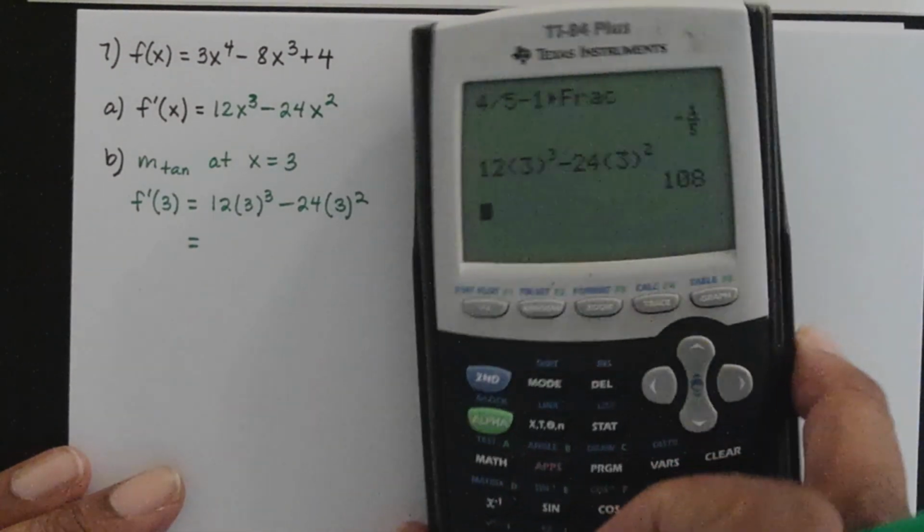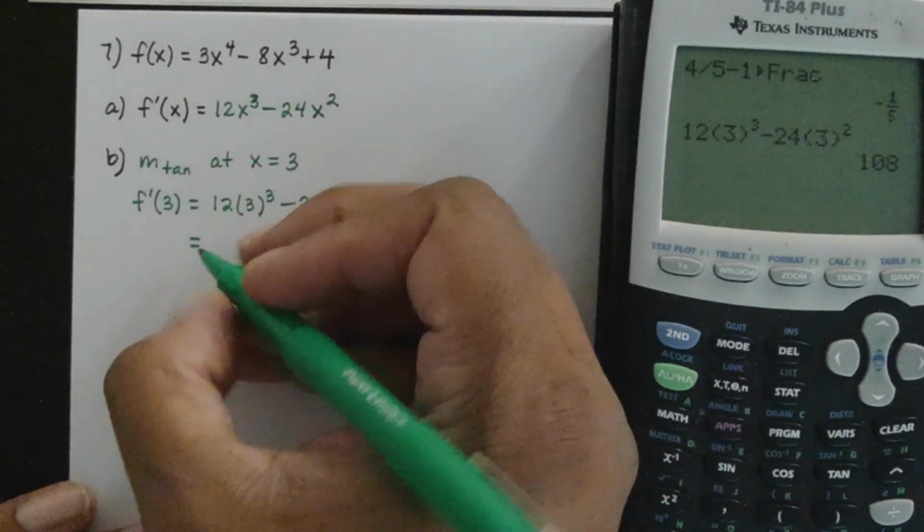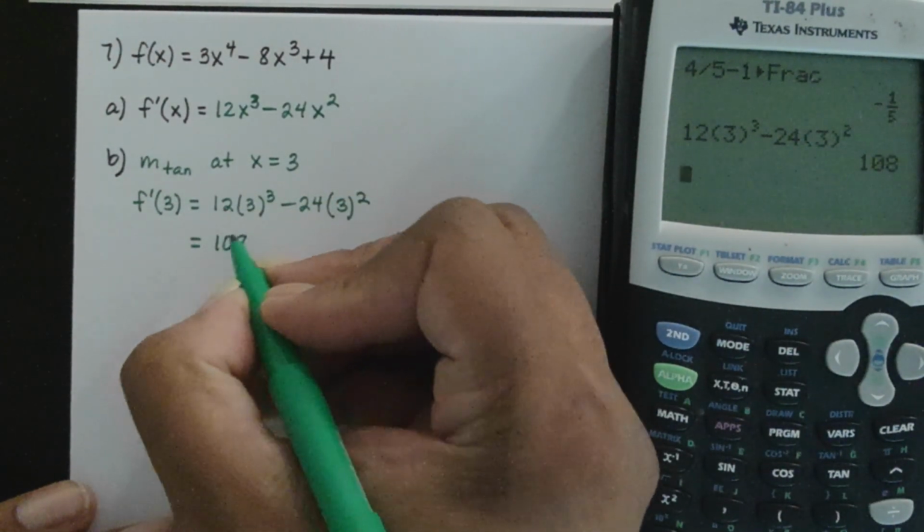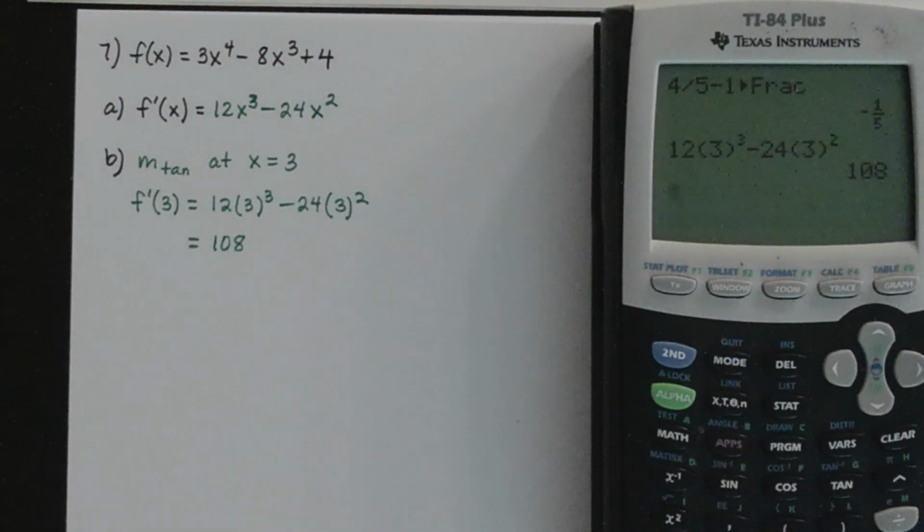And you'll end up getting a number of 108. So that 108 represents the slope of the tangent line at x equals 3. Questions about part B?